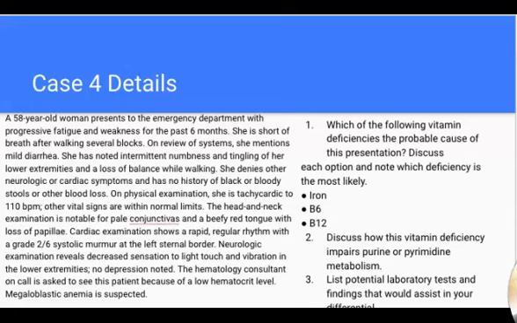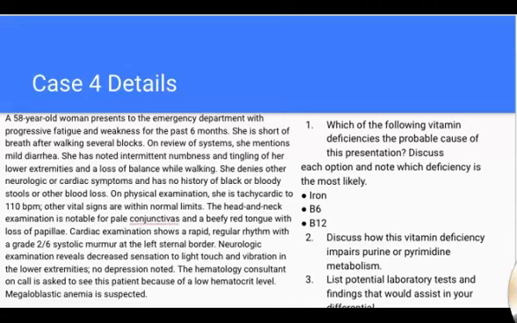On physical examination, she is tachycardic to 110 beats per minute. Other vital signs are within normal limits. The head and neck examination is notable for pale conjunctivae and a beefy red tongue with loss of papillae. Cardiac examination shows a rapid, regular rhythm with a grade 2/6 systolic murmur at the left sternal border. Neurologic examination reveals decreased sensation to light touch and vibration in the lower extremities.